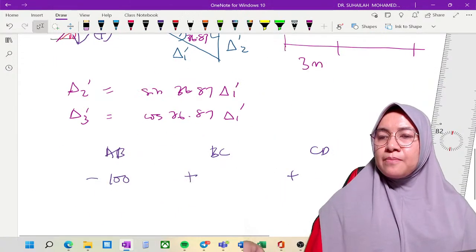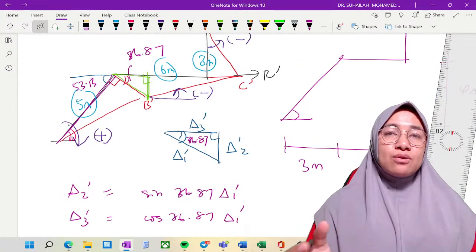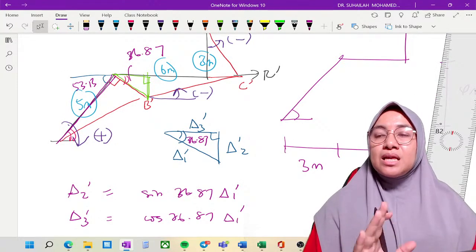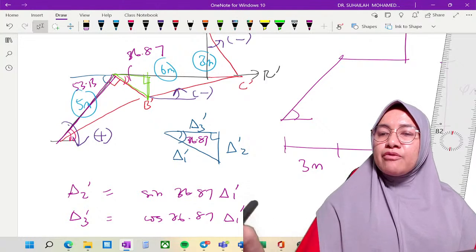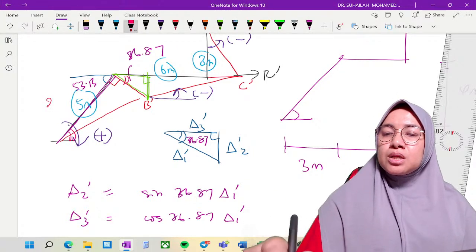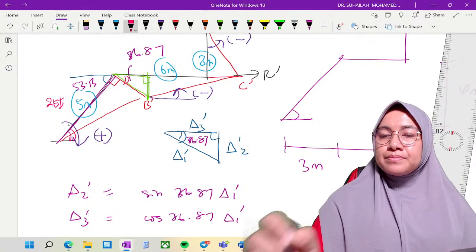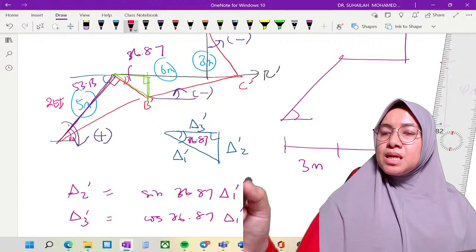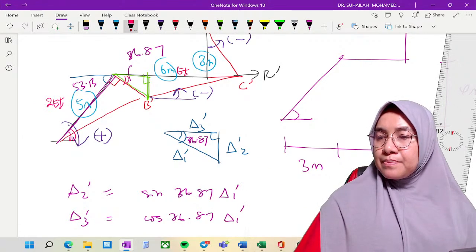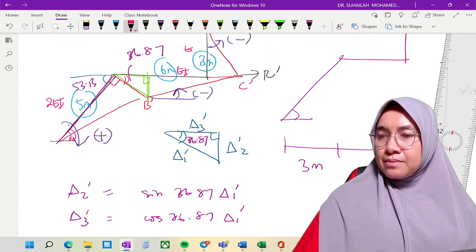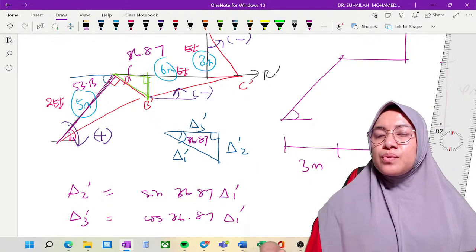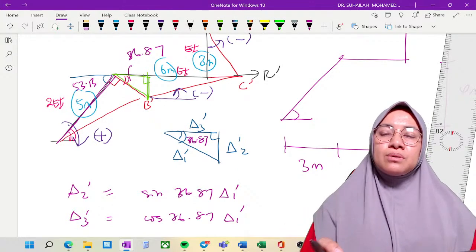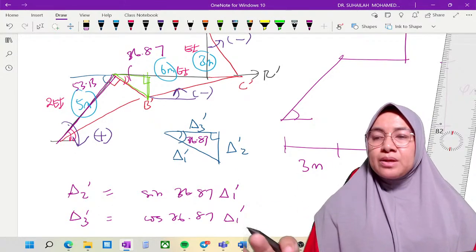So let's say EI also is not constant. AB will have 2 EI, BC EI, CD also EI. So we have to include all this EI, which is not constant, into the formula.